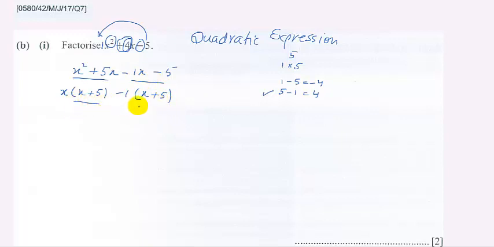So x plus 5 is common, and here x is left, here minus 1 is left. So this is factorization. x plus 5 is one factor, and the second factor is x minus 1. 2 marks.